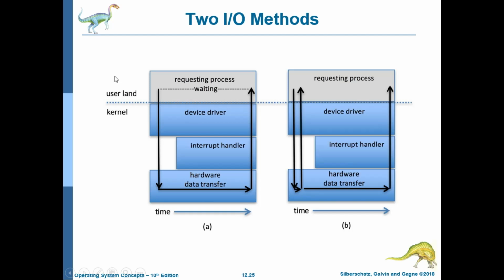For the user, there's a process that makes a request, then it goes to the device driver, and then to the hardware, and then there is this data transfer. It means that for synchronous, there is a time interval before it returns to the process which is requesting the service.